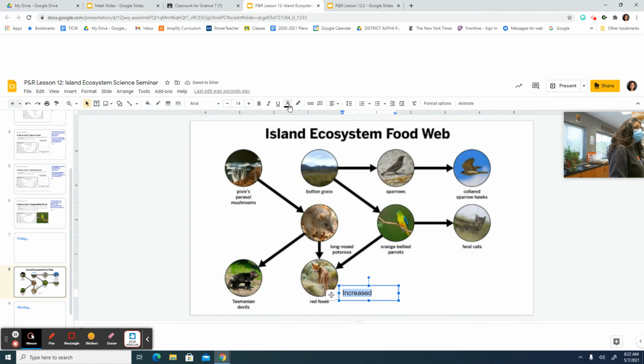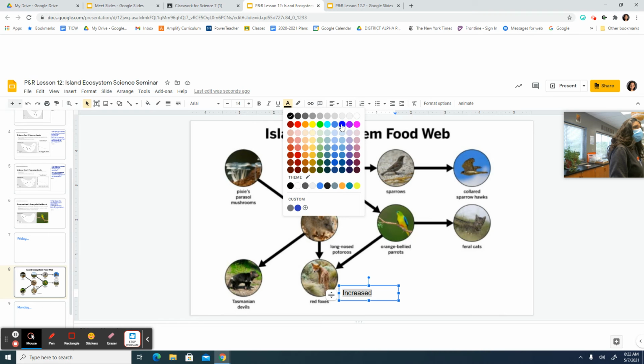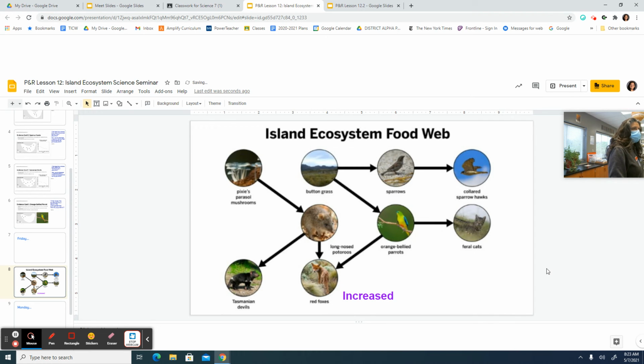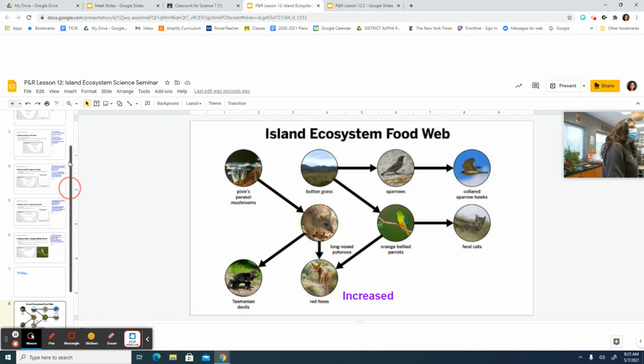And you can make it a color if you would like to. You do want to make sure it stands out. Okay, so our red foxes went up. So then you want to go to the next evidence card.